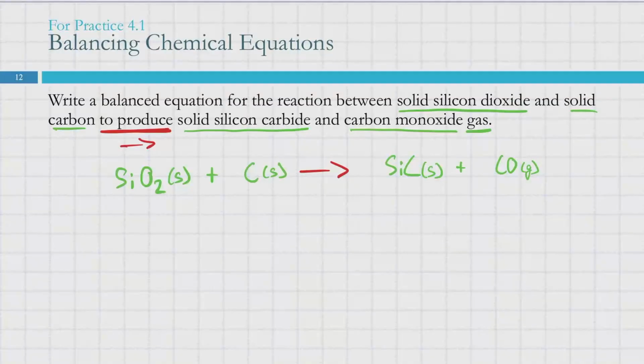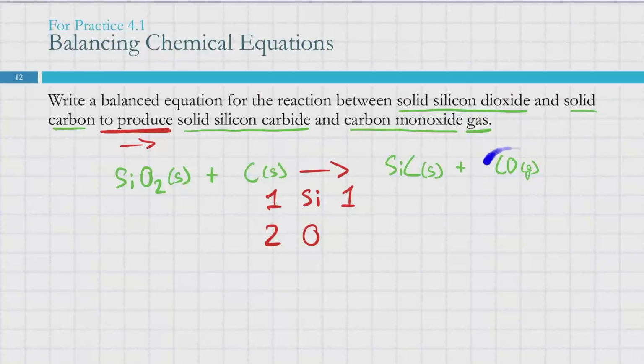So I'm going to start with the silicon. On the left side, we've got 1 in our SiO2, and we've got 1 in our silicon carbide, SiC. So that one's already balanced. Then we're going to balance our oxygen next. We've got 2 on the reactant side because of our subscript of 2 in SiO2.